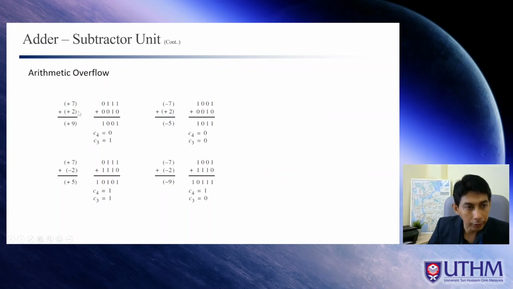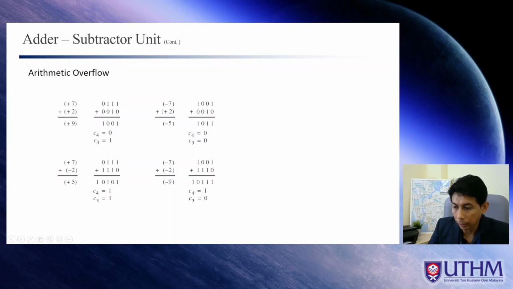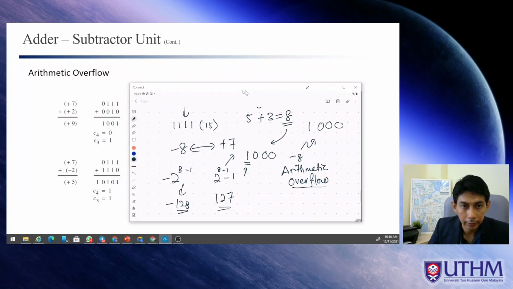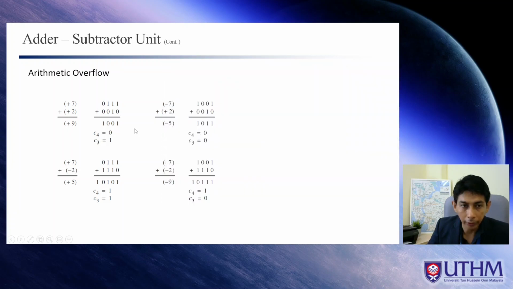If we have 7 plus 2, and 7 plus 2 is 9, and 9 is actually not fit in the 4-bit system, because remember, the maximum value for a 4-bit number is 7 for the positive part, and for the negative side, minus 8 only. So plus 9 does not fit. Why not? You see here the result.